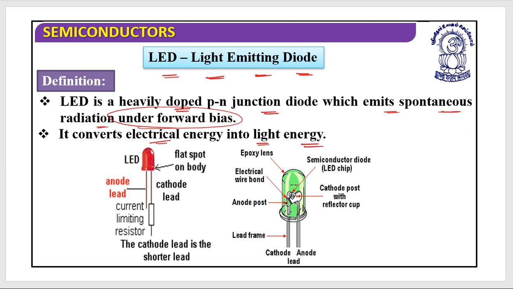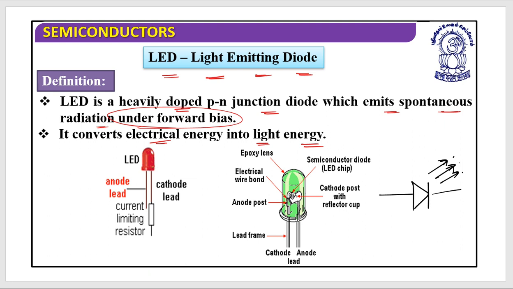If we look at the symbol of this, it is something like this, where light is moving out from the diode. That's why it is called light emitting. Light is emitted from its surface. If you go to the market and ask for LEDs, they will provide you something like this. This is the body, and this is the actual light we are working with. It has two leads.